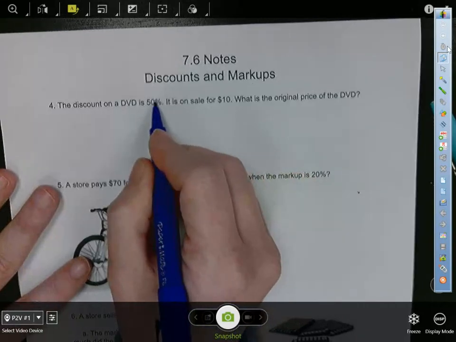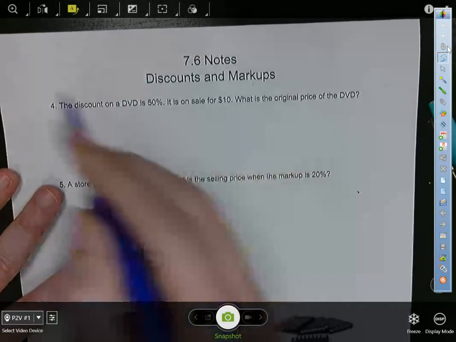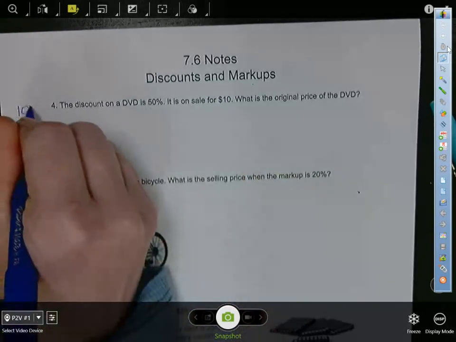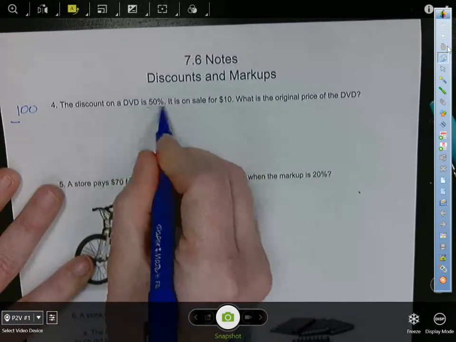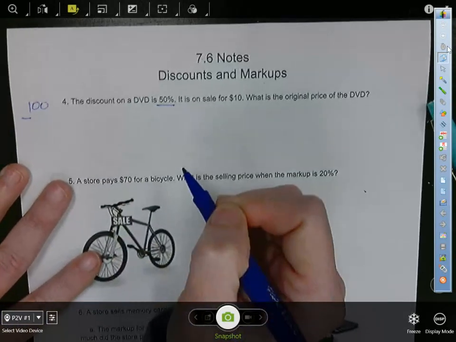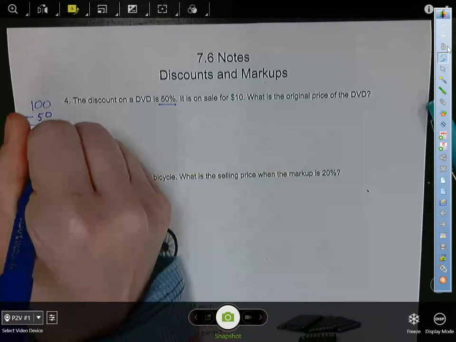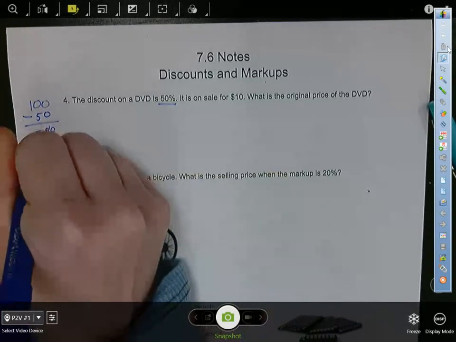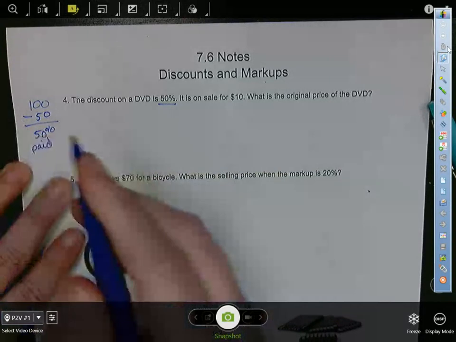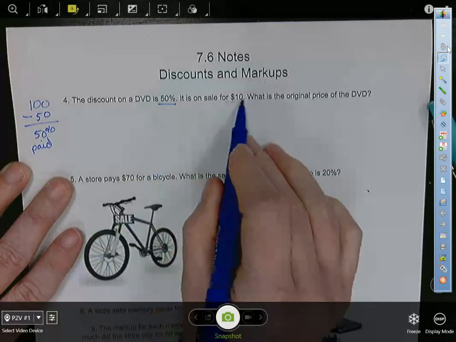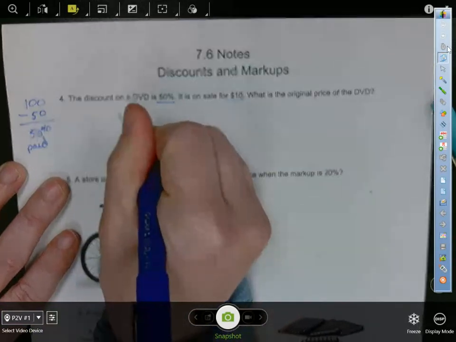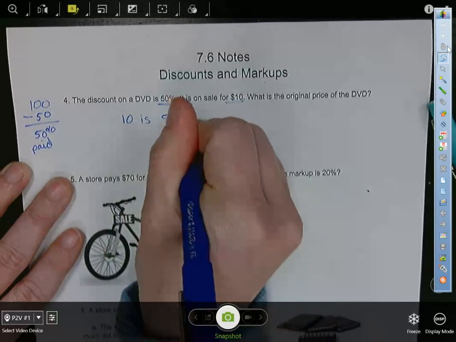To figure out the percentage that 10 is, you would do 100 minus the percentage that it was off. So that would be 50. So 100 minus 50, and I get 50%. So I paid 50% of the original price. So that means $10 is 50% of the original price.